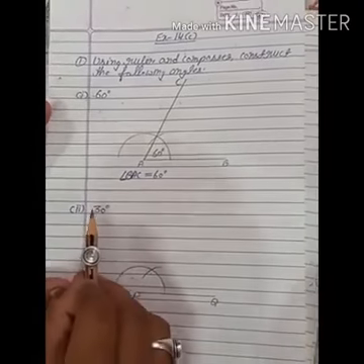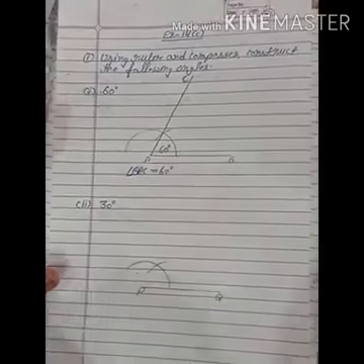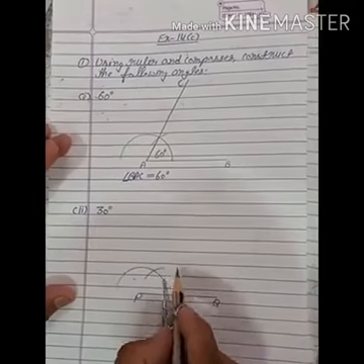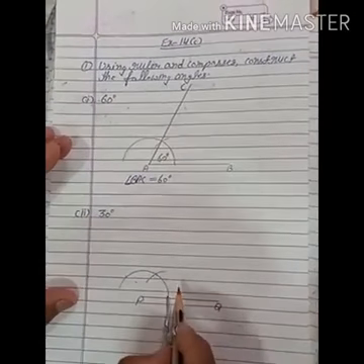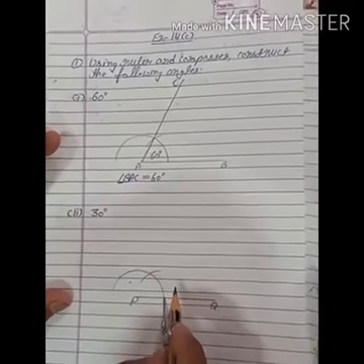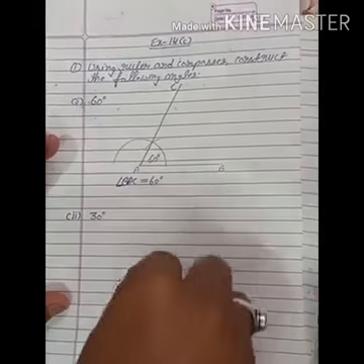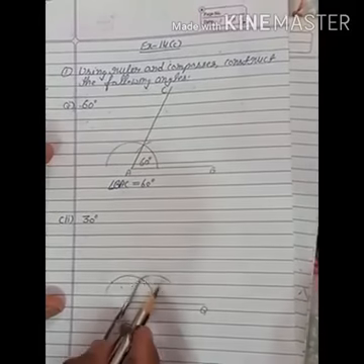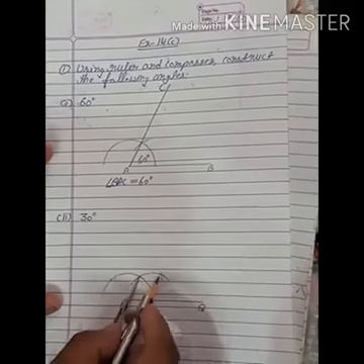But we need to construct a 30 degree angle. It means half of this. So we will do the half of this portion. For the half of this portion, we will cut an arc from here, like this. Then one more arc which cuts this arc from here.